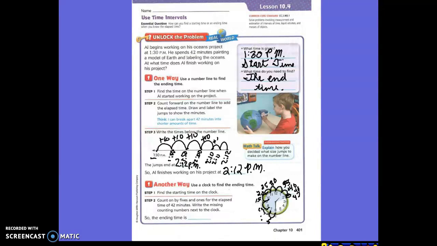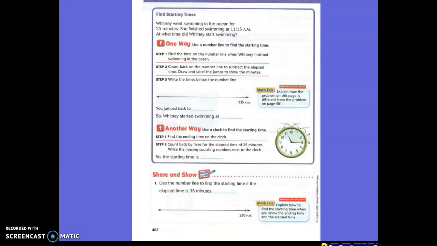Okay, we said it was going to be 2:12, which I could show you on this clock. So when you're doing analog clocks, it would be easier for you to just do it on an actual Judy clock. Okay, I showed you on the Judy clock to go 2:12 p.m. All right. Once you write that, go to the next page.